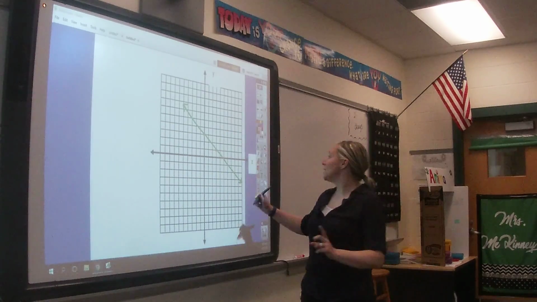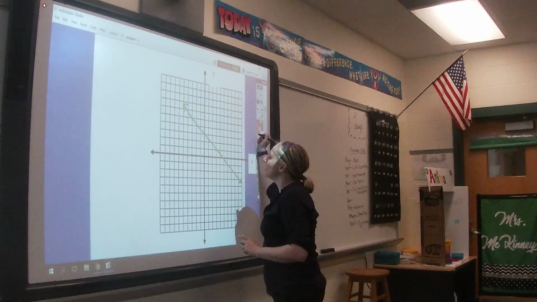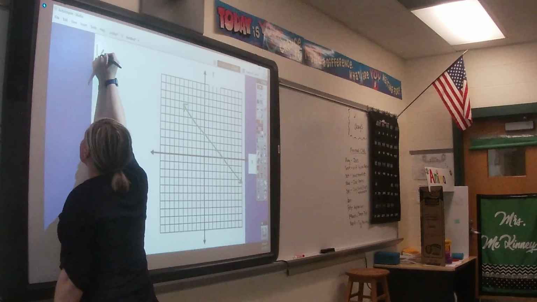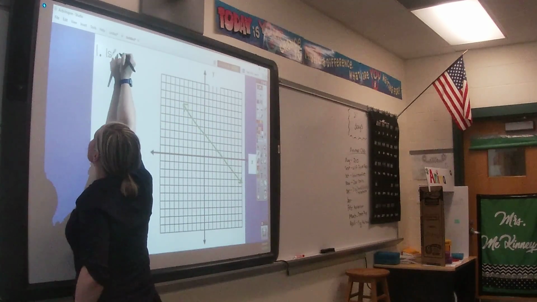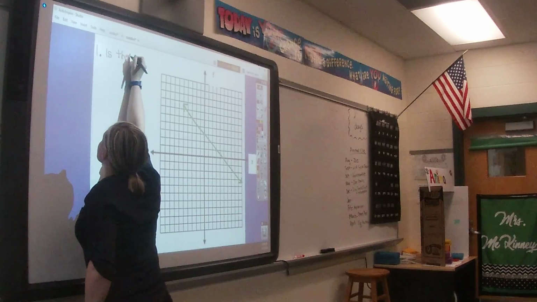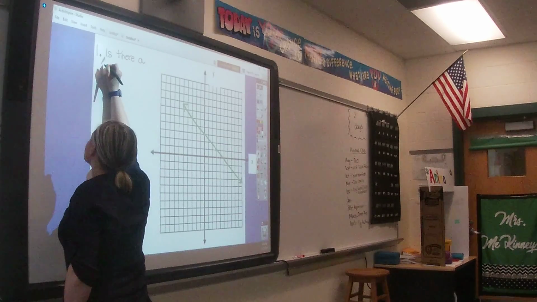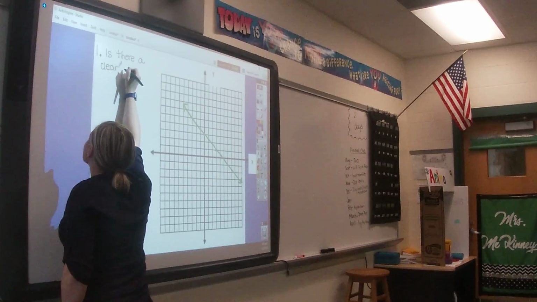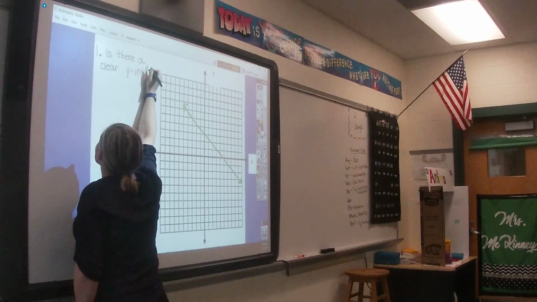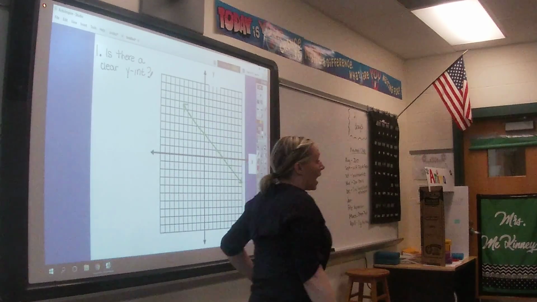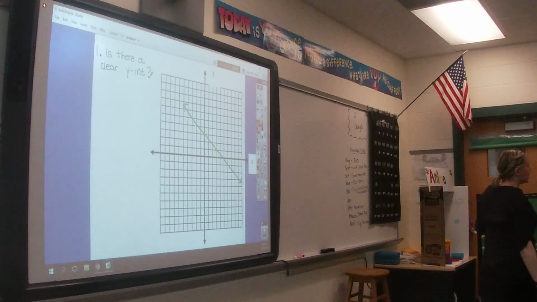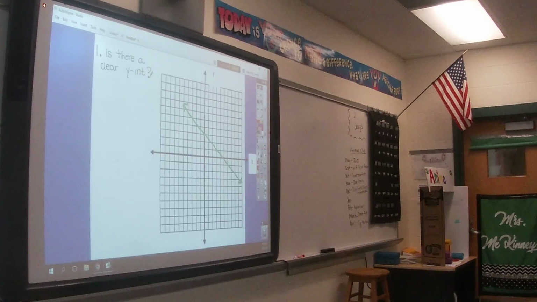The first step is that we are going to look and see if we can find a clear y-intercept. Another way that I'm asking that question is, is it an integer? Does it cross at an easy number? Not, does it cross the y-axis at 4.7325? There's no way I could identify that number clearly.